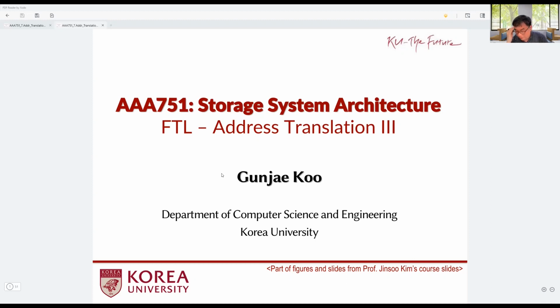Let's resume the class. Actually, this address translation in SSD is very interesting. There are many interesting approaches in the SSD.